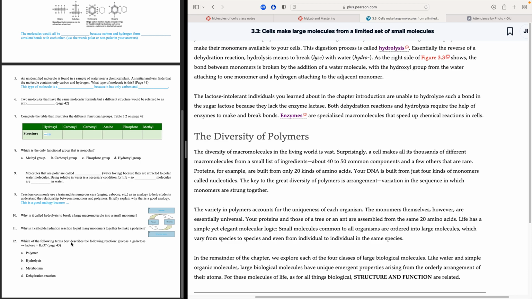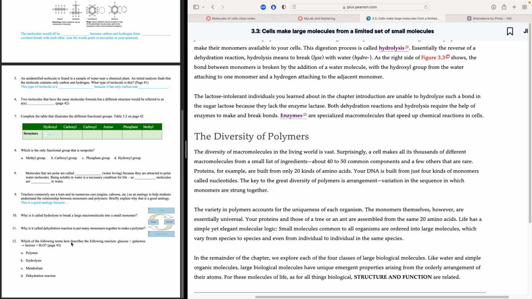So if you produced water, is that dehydration, synthesis, or hydrolysis? What is it? Which one? Hydrolysis? If it was hydrolysis, the water would have been on the left-hand side as a reactant, because you would have split it, and then the water would have disappeared into the products. But look, we created water. Water was created, so where did it come from?